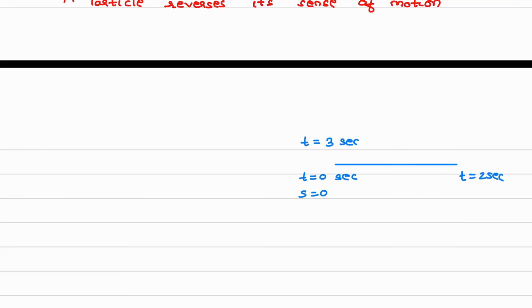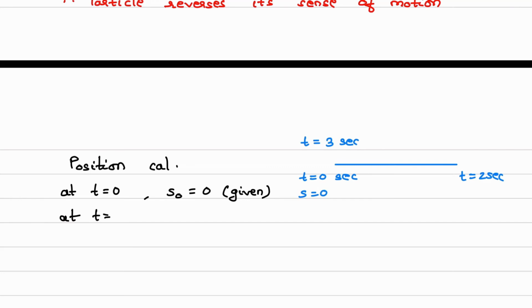Now we'll do some calculations of position. At t equal to 0, what is the position? S0 is equal to 0. It is given in the question. Then at t equal to 2 seconds, what will be s?